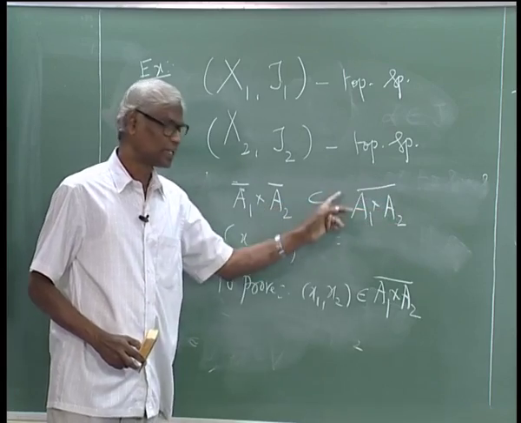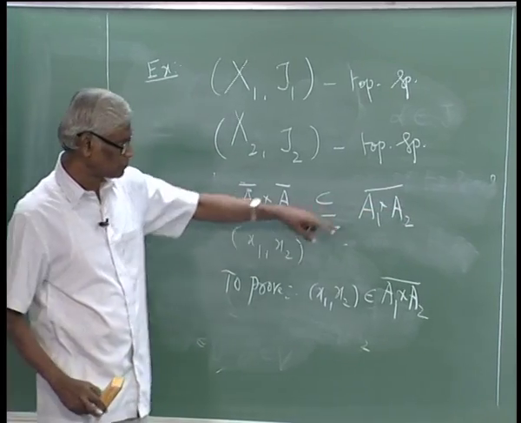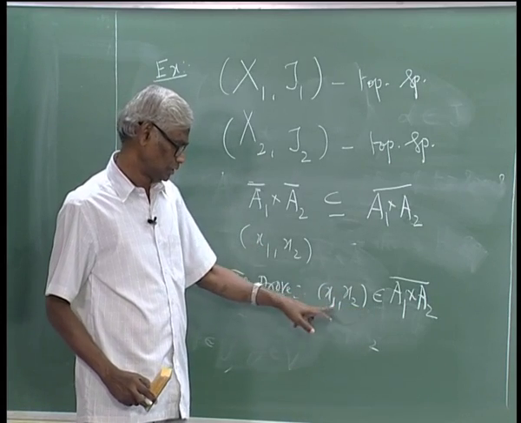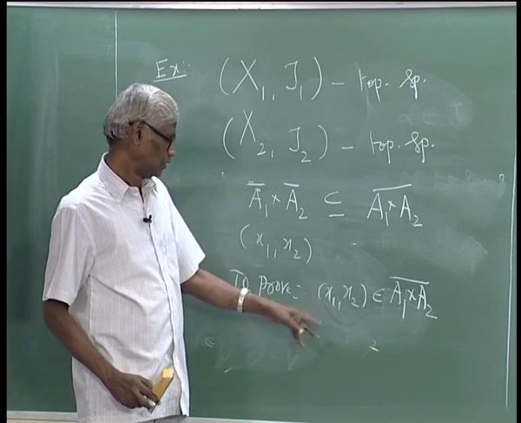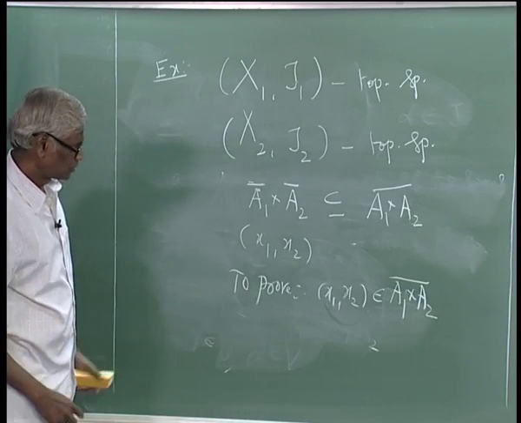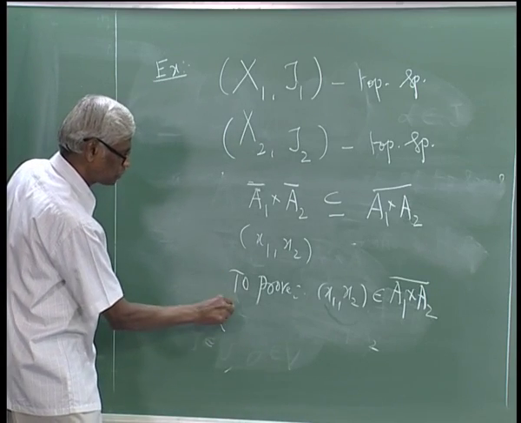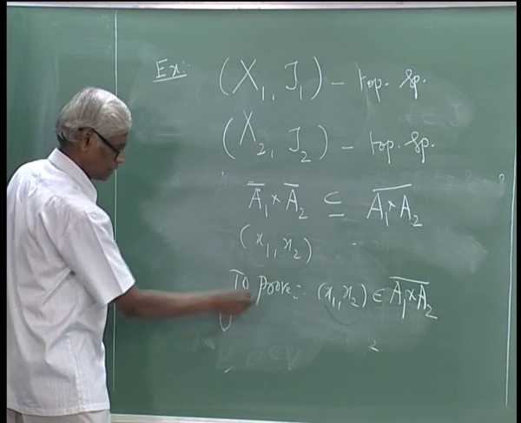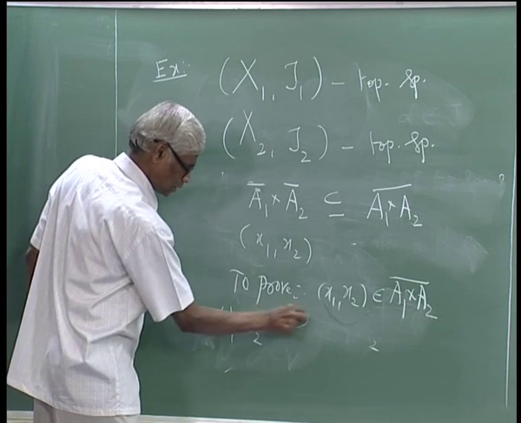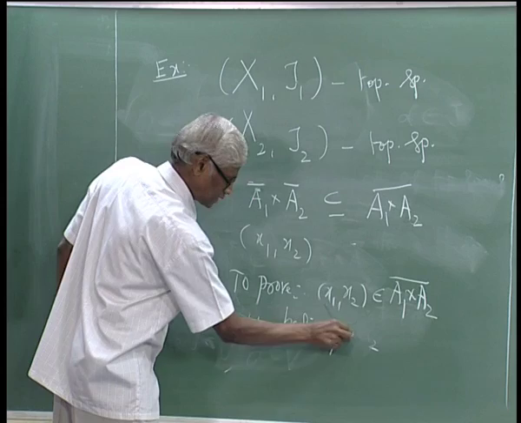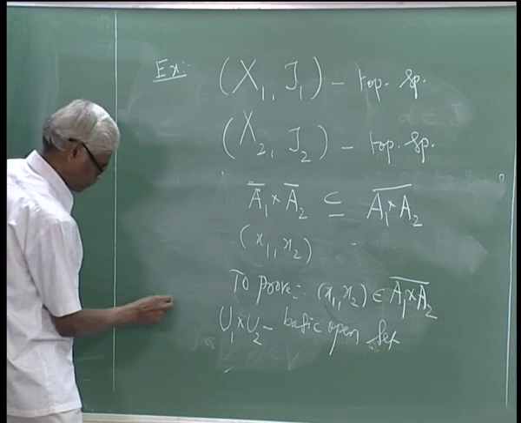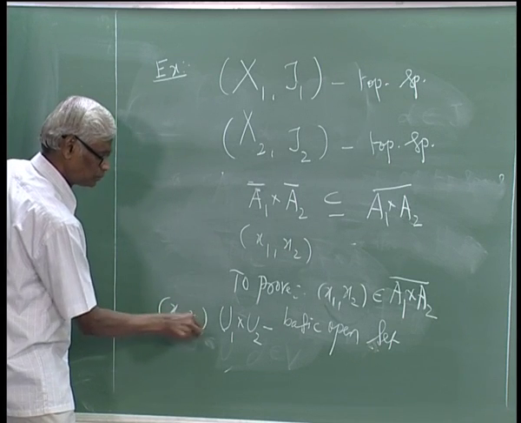So, it is enough to prove that each basic open set containing the ordered pair (x1, x2) should intersect A1 cross A2. So, it is enough to consider a basic open set of the type U1 cross U2, a basic open set in our product space containing the ordered pair (x1, x2).